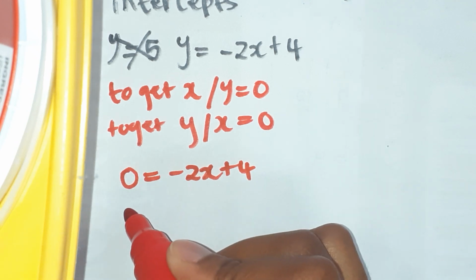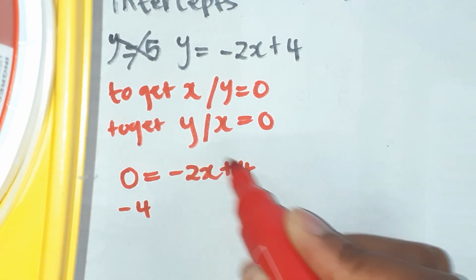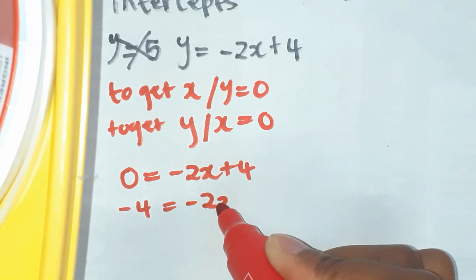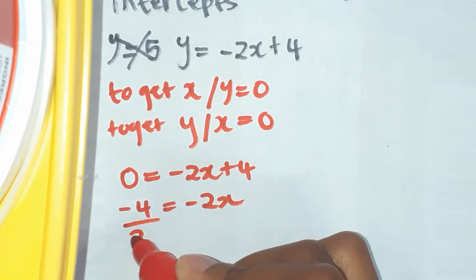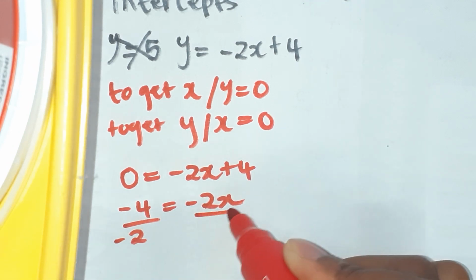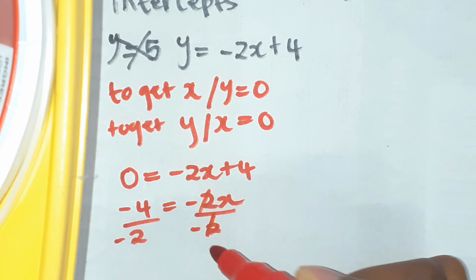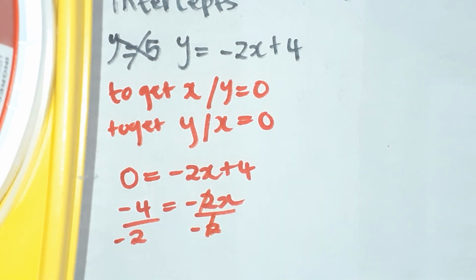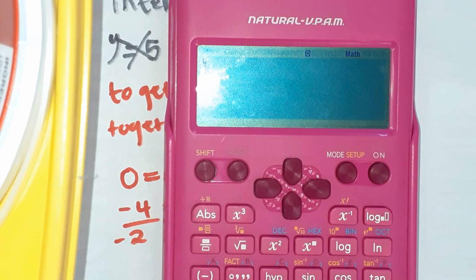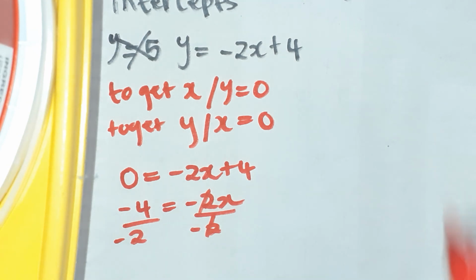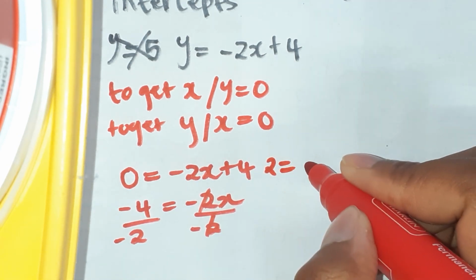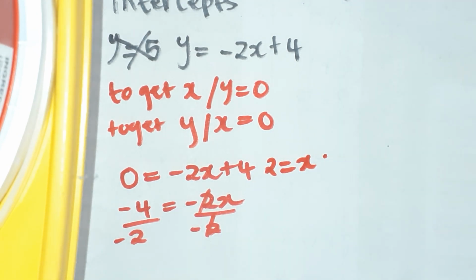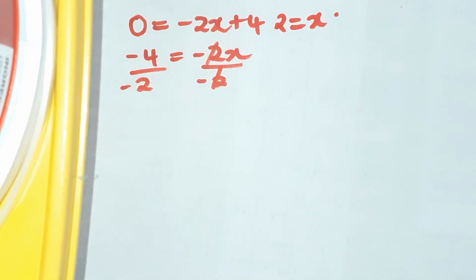So negative 4 comes to this side, equals negative 2x, and then we divide by negative 2 on both sides. That will be negative 4 over negative 2, and that will give us a positive 2 equals x.